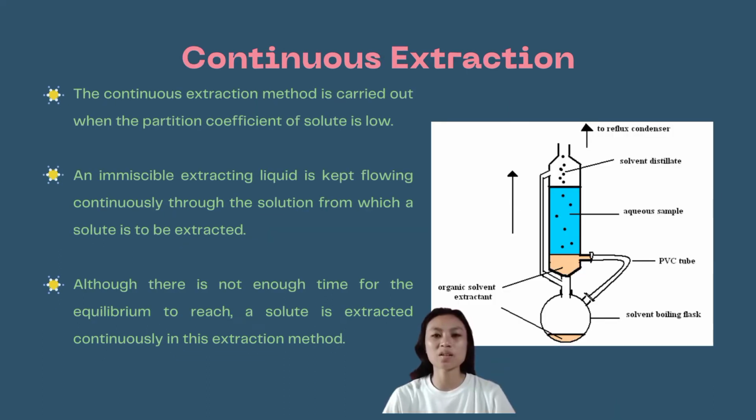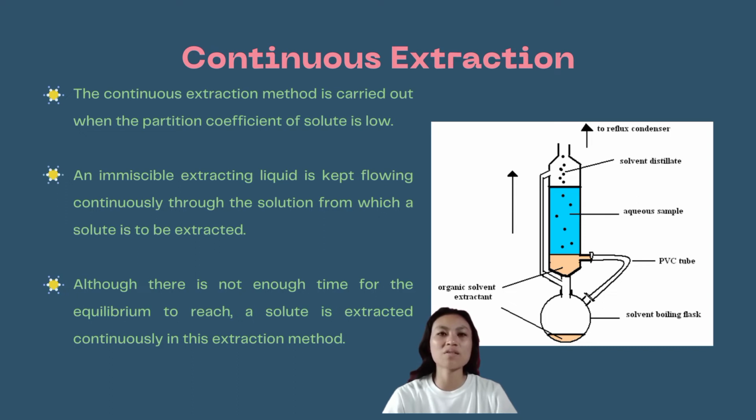The second method of extraction is the continuous extraction. It makes use of a continuous flow of immiscible solvent through the solution or a continuous countercurrent flow of both phases. Continuous extractions are particularly applicable when the distribution ratio is relatively small.